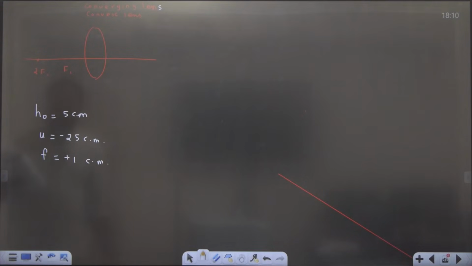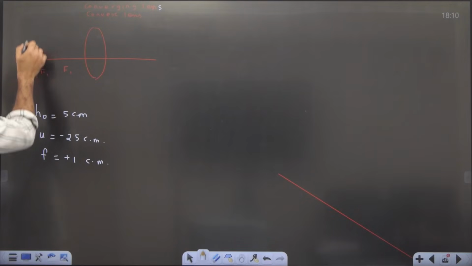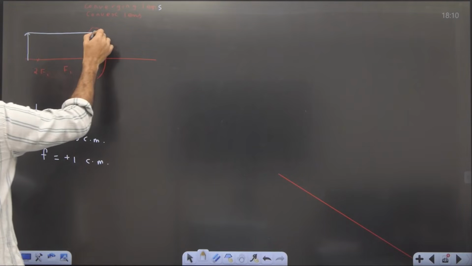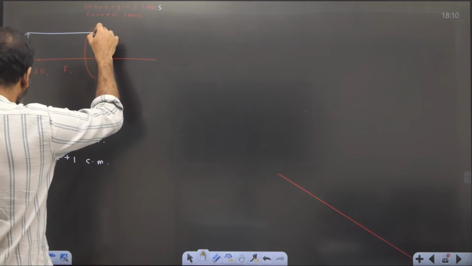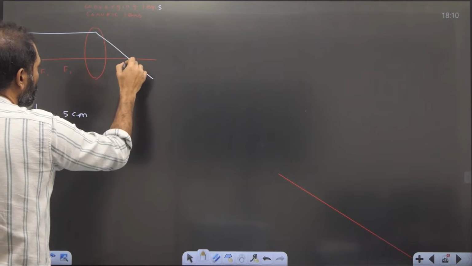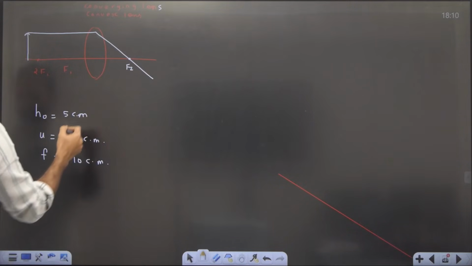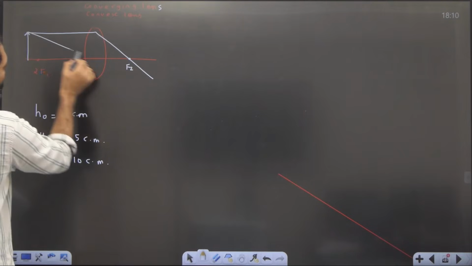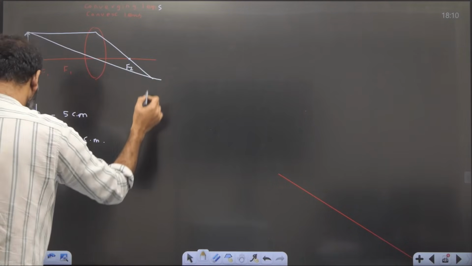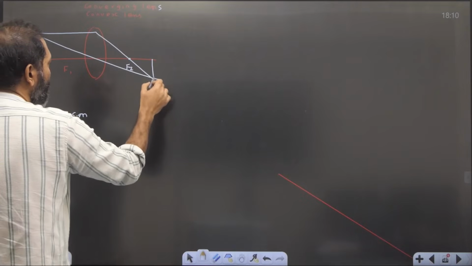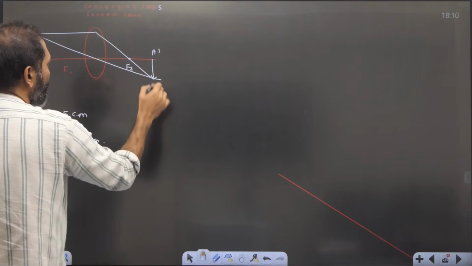Draw the ray diagram. So this is the object. One light ray, after refraction, passes through F2. The other one passes through the optical center. They meet here. So here you can see the image A dash, B dash.